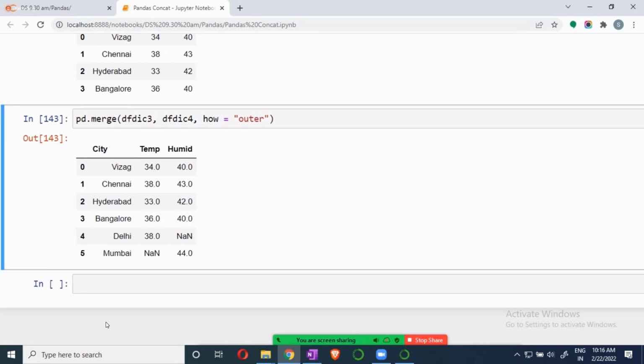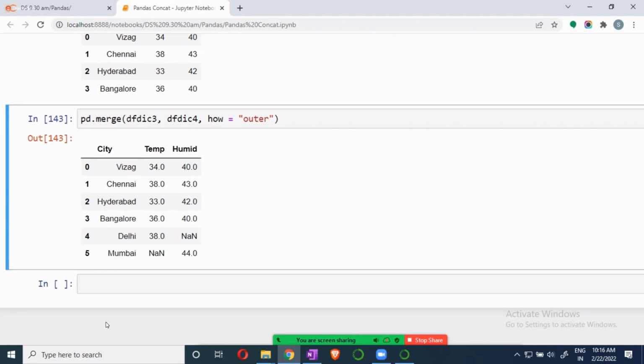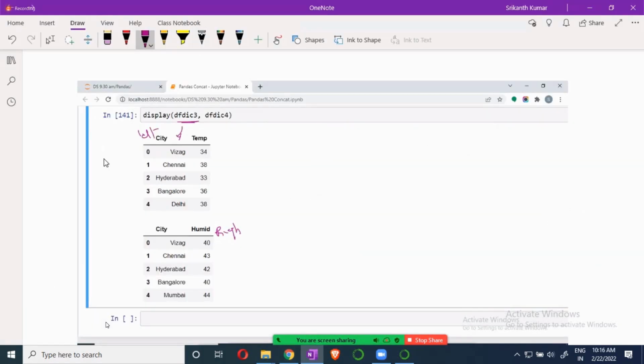The df dic 3 is the left side and 4 is the right side. Now, when I am saying left over here, left means this one. So it will take all the values from here: Vizag, Chennai, Hyderabad, Bangalore and Delhi.